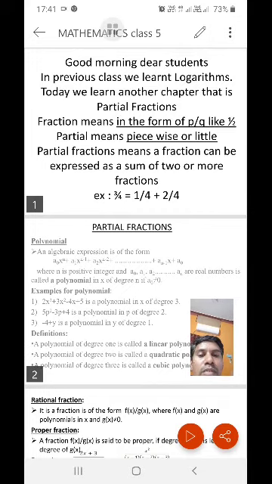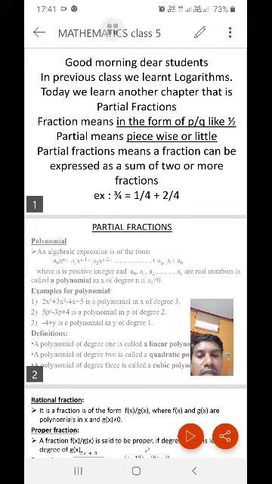If x power 3 is there, then we call that a polynomial of degree 3. If the power is 2, then we say that is a polynomial of degree 2. If there is no power, that means the degree is 1.